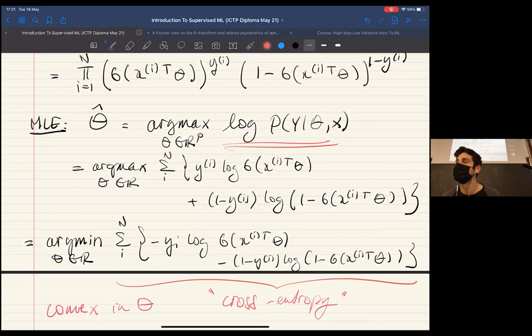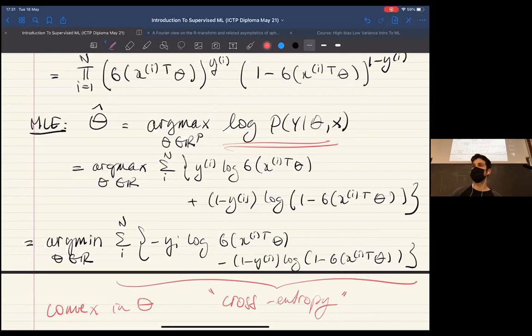Is it the same? No, this is not the same. The mean square error we discussed is a loss if you interpret it from a probabilistic perspective, from a Bayesian point of view. Minimizing the mean square error means that you are assuming that you have additive Gaussian noise. If you write the likelihood for a model with additive Gaussian noise, the Gaussian likelihood, you have an exponential of minus the difference squared. And if you take the log likelihood, you obtain the mean square cost, right?